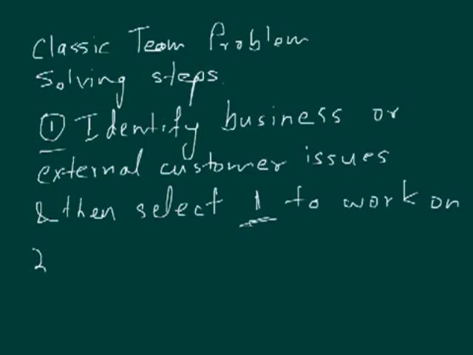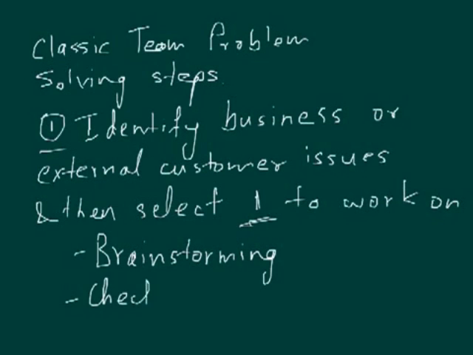So number two, actually under number one, you can use the following categories to identify the business and the customer problems. For example, you can do brainstorming sessions. Over here you can use check sheets.